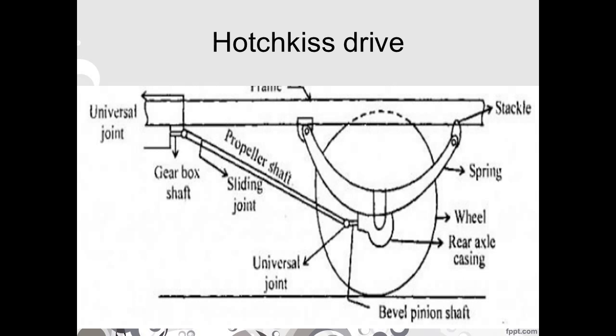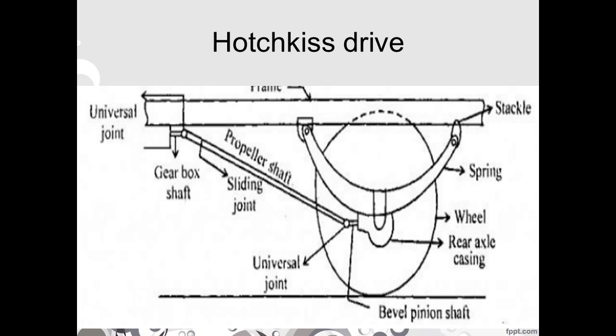It is seen that the axle casing cannot turn under torque reaction without causing the spring to flex. The springs offer considerable resistance to this deformation. Thus torque reaction is overcome. The spring deflects as it experiences torque reaction, and the bevel pinion shaft changes its position.